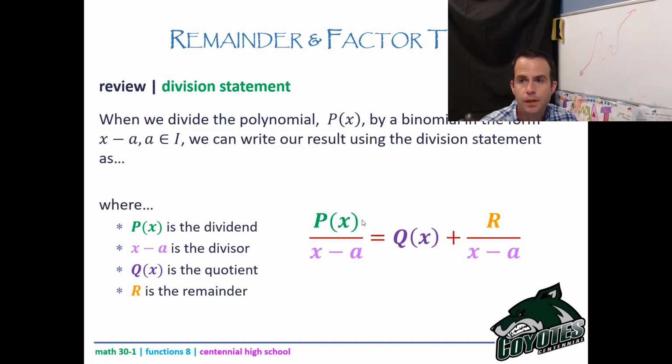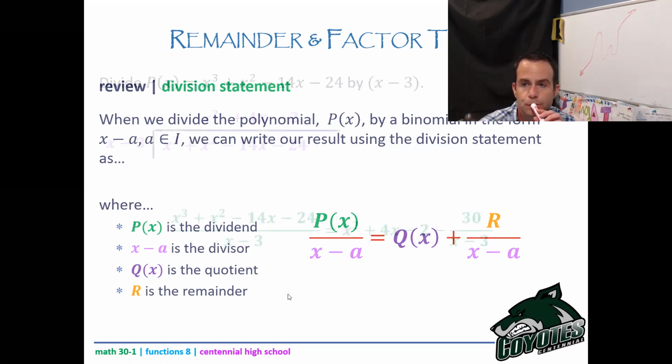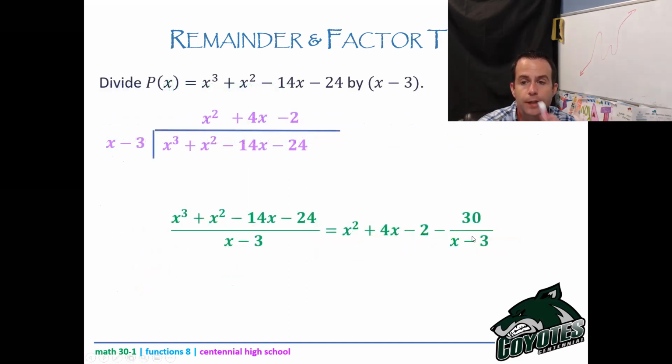Okay, so the division statement, when we divide the polynomial p of x by a binomial in the form x minus a, where a is a member of the integers, we can write our result using the division statement as p of x being the dividend, x minus a being the divisor, q of x being the quotient, and r being the remainder. Okay, and so there's our division statement.